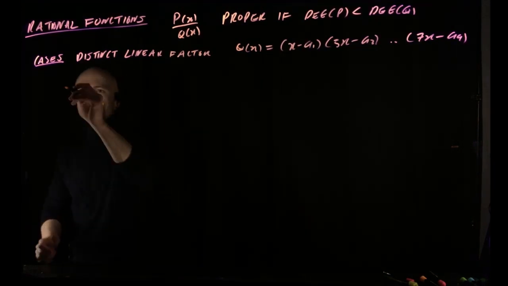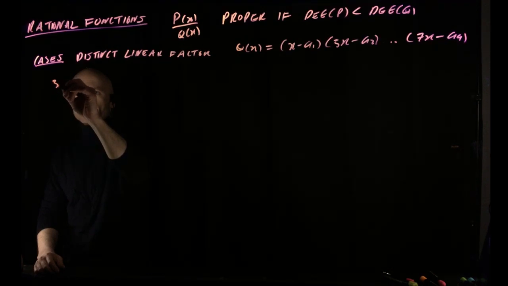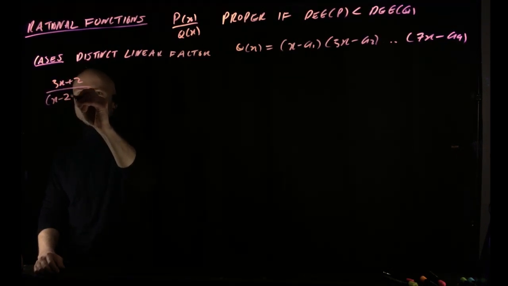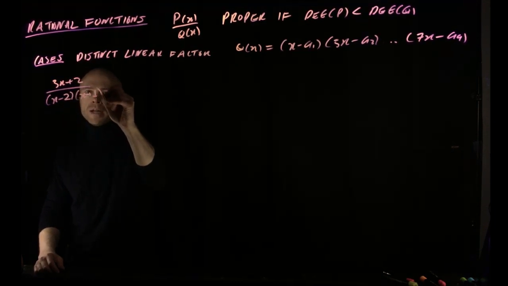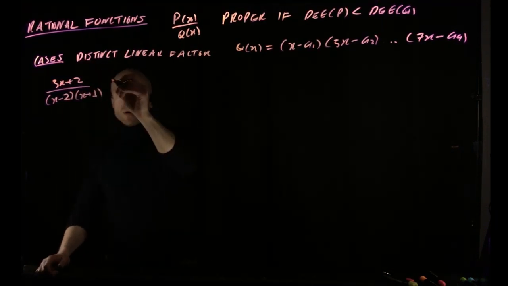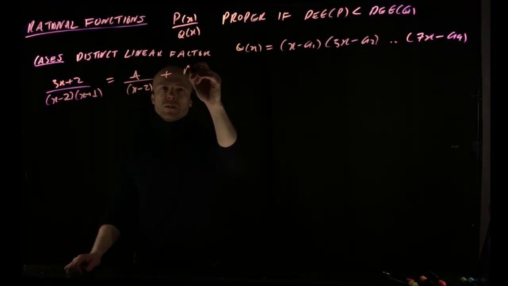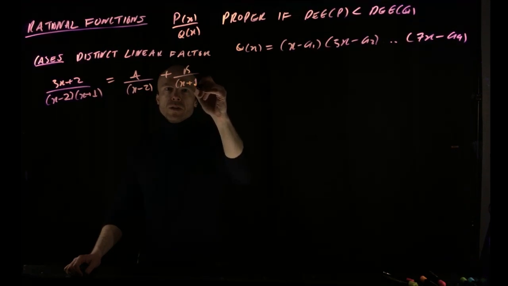So if we had something like 3x plus 2 over x minus 2 times x plus 1, then this is proper, and it's going to be a over x minus 2 plus b over x plus 1.